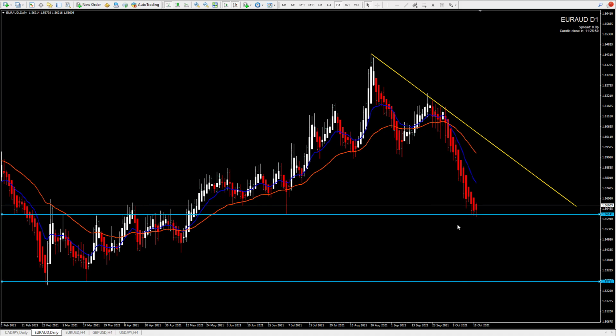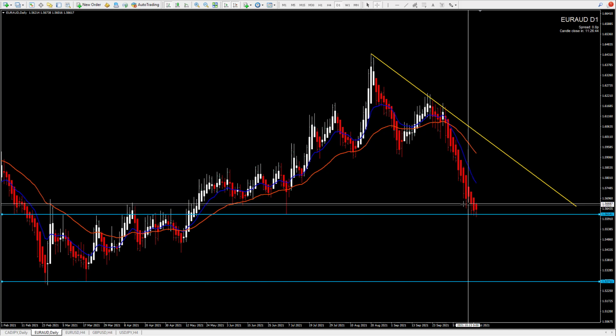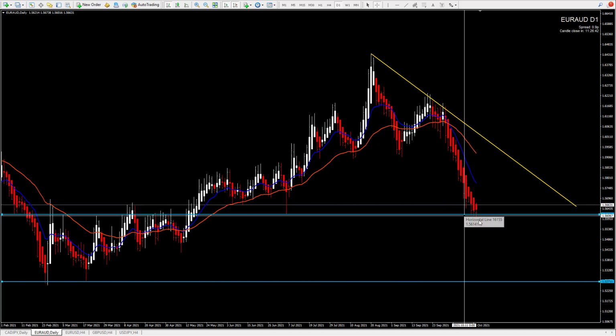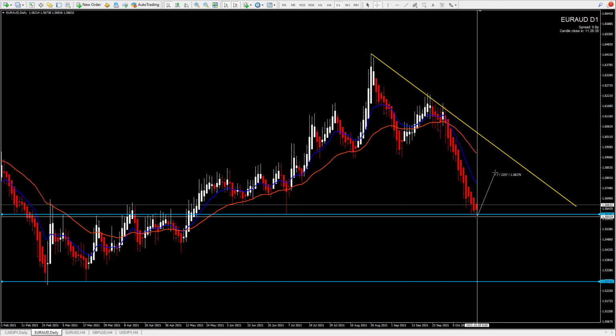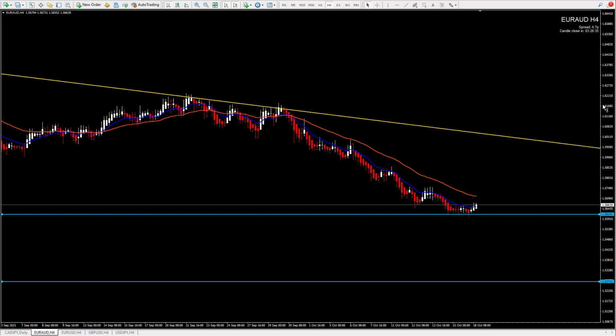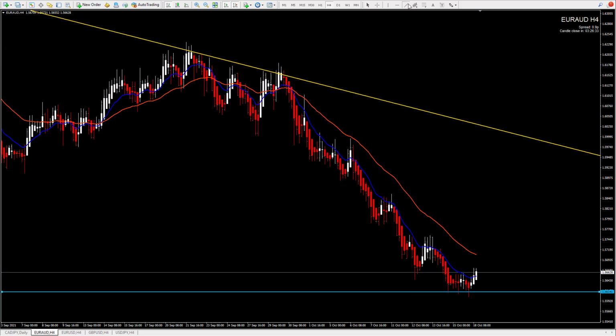And this is what I tried to tell you when I explained CAD. On the Euro Aussie, we are on the support, so we can have a retracement. That's why trades against the main direction are okay here. How can we trade this? We have the first opportunity right now.